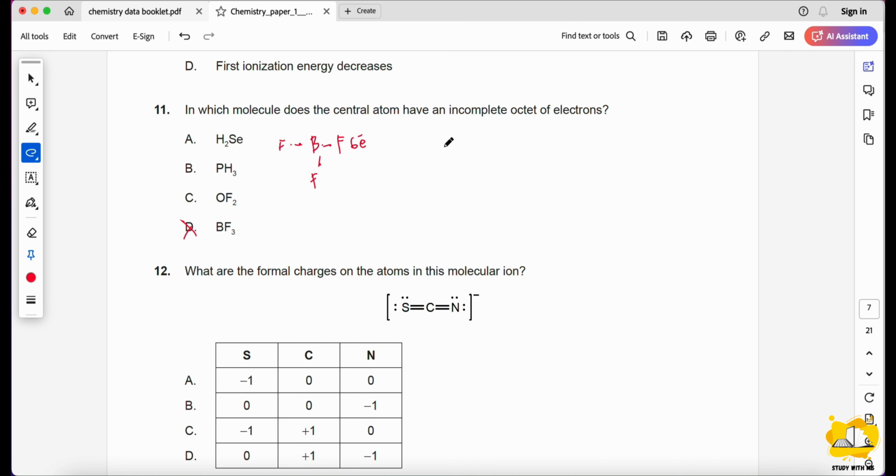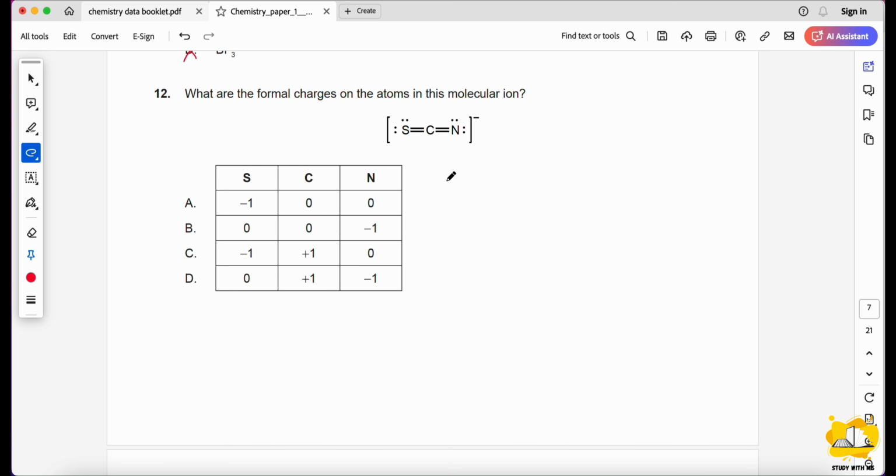Let's see, what about H2Se? 1, 2, 3, 4, 5, 6, 7, 8. And PH3: 1, 2, 3, 4, 5, 6, 7, 8. And for OF2: 1, 2, 3, 4, 5, 6, 7, 8. So that's why the answer is BF3.